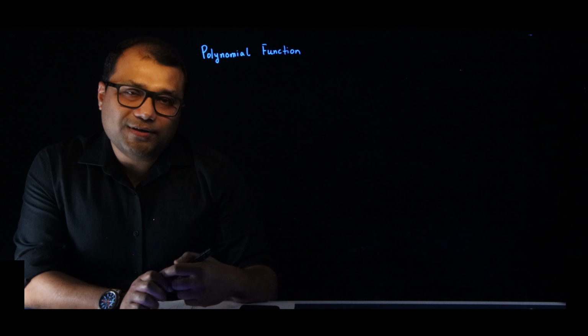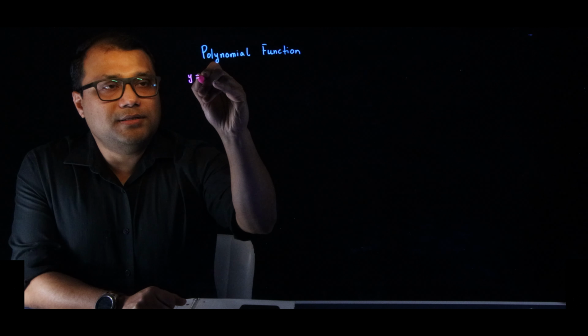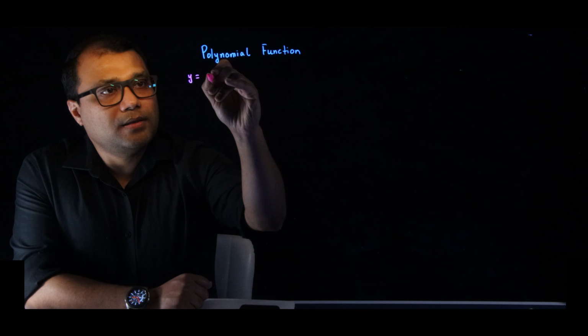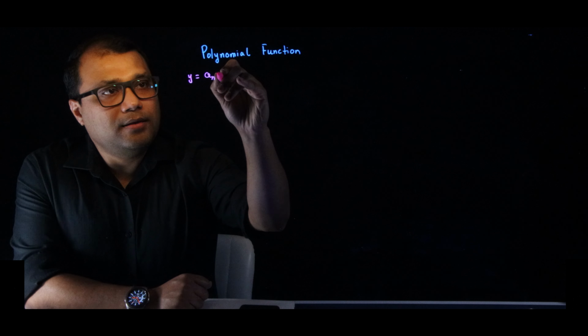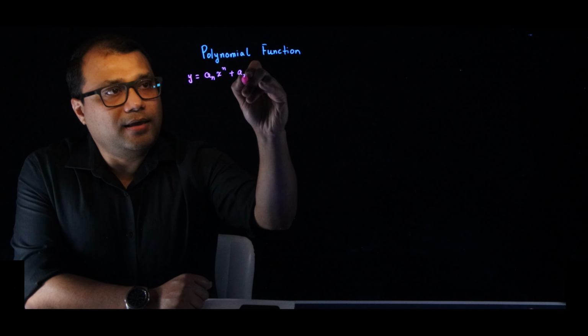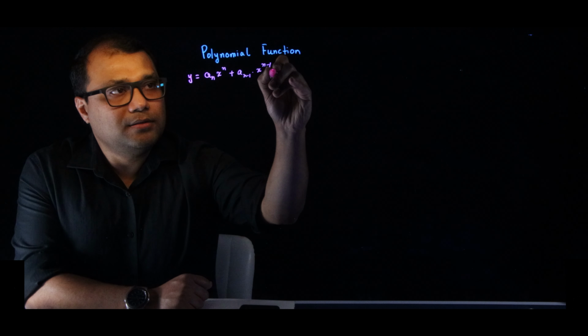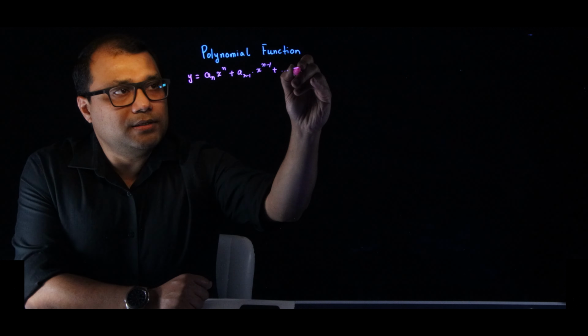Okay, so the first thing, a polynomial function is this: y equals a_n x to the power n plus a_(n-1) x to the power n minus 1, and we continue with this.